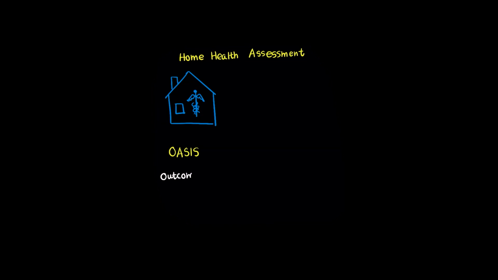Home health agencies must use specific assessment tools to meet federal reporting requirements for Medicare beneficiaries. When these agencies report patient data electronically to Centers for Medicare and Medicaid Services for reimbursement and quality reporting, they must use OASIS. OASIS, the Outcome and Assessment Information Set, is the standardized assessment tool specifically required for home health agencies serving adult Medicare patients.